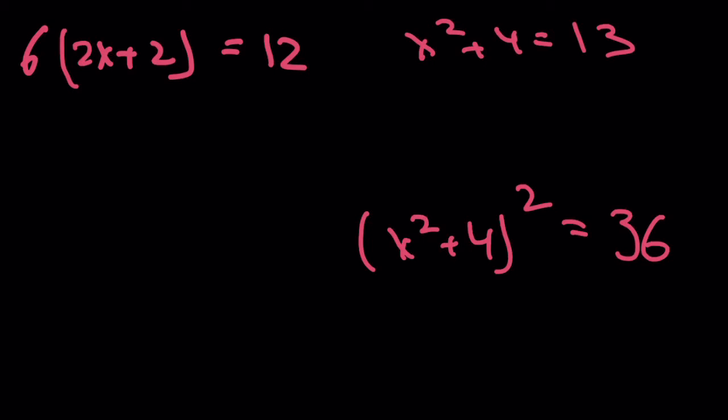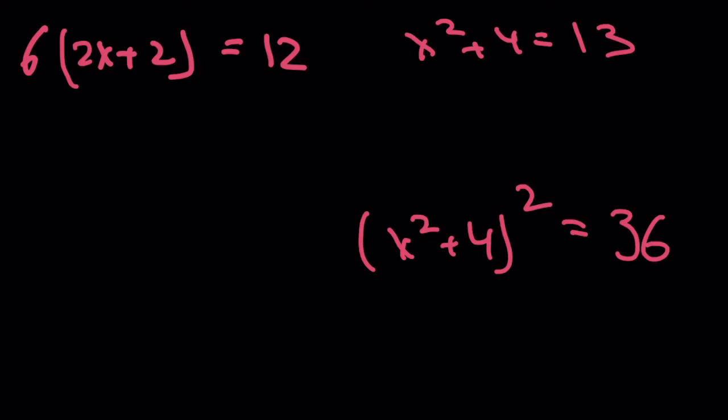So this first question, 2x plus 2 in parentheses times 6 equals 12, is an equation I've selected to demonstrate how the parentheses would interact in a two-step equation. So since parentheses comes first in PEMDAS, when you're undoing to solve for x, you do parentheses last.